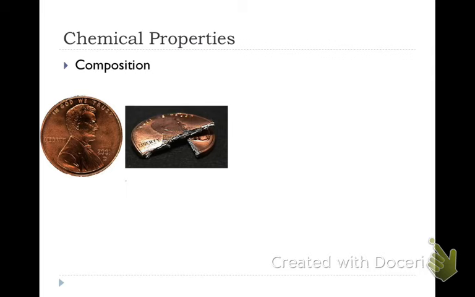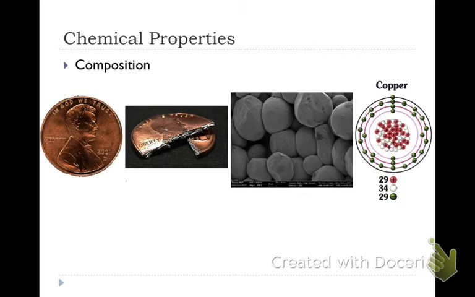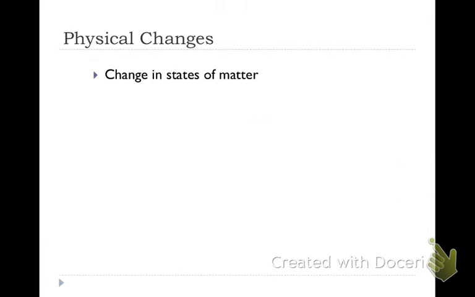So if you break the penny essentially, you'll see that's like a silver material. That's all made of zinc inside. And we need a scanning electron microscope to help us determine what that composition actually is. And this is showing you pretty much just the atoms themselves of, in this case, copper.